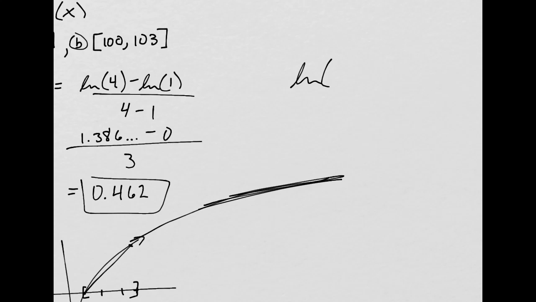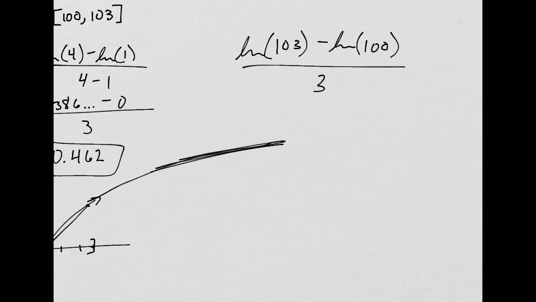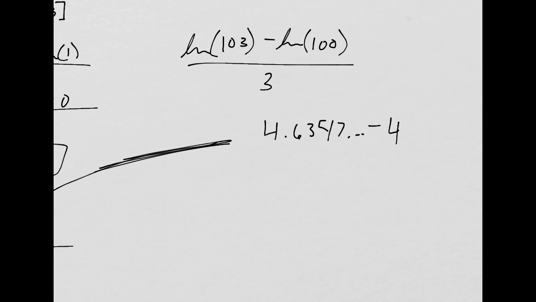We would have the natural log of 103 minus the natural log of 100 divided by 3. 103 minus 100 is 3. And so I'm going to plug this in. So 103, take the natural log, subtract, that's like 4 point something, 4.6347 and such, minus the natural log of 100, that was like 4.06 something.